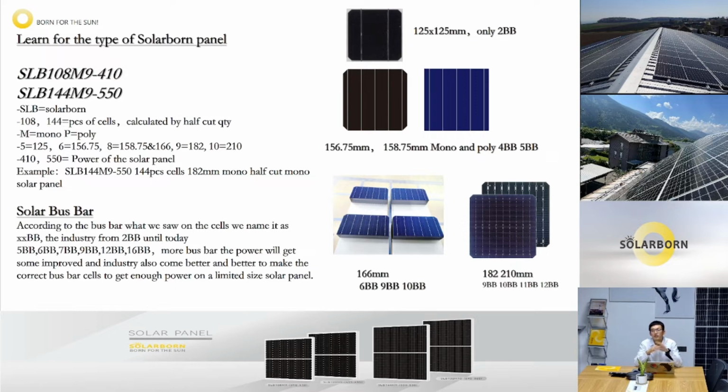That time like the 4 BB, the 5 BB and the 6 BB, and went to the 166 millimeter, changed to the 6 BB, 9 BB, 10 BB, and now 182 and 210 millimeter big size solar cells.